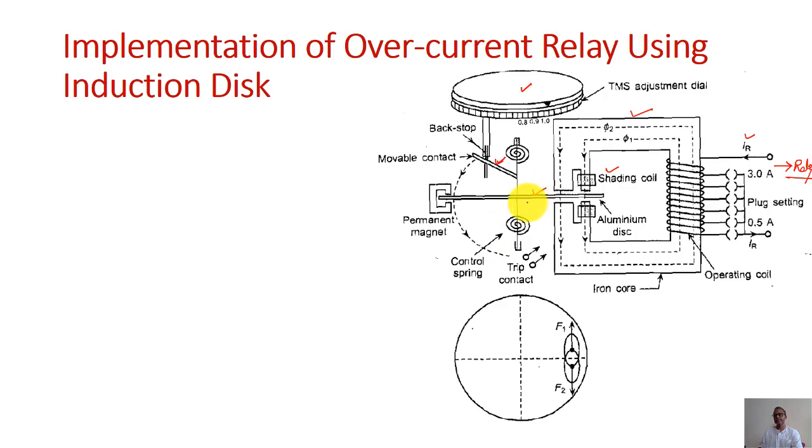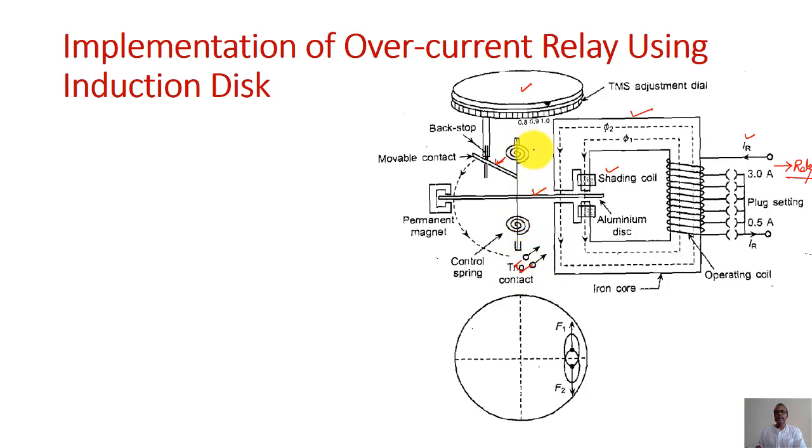As soon as the disk rotates because of the torque produced on it, we'll see how the torque is produced in the aluminum disk. Then this movable contact will come closer to the trip contact and short circuit these two trip contacts. As soon as it is shorted, it gives a signal to the circuit breaker.